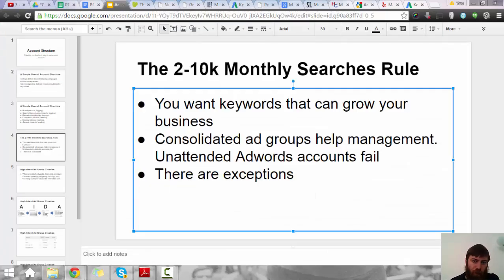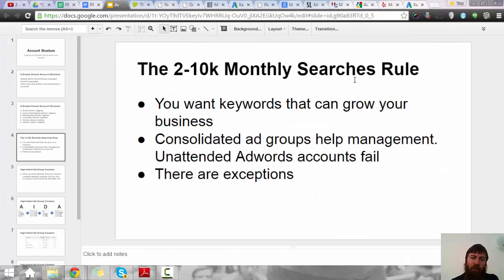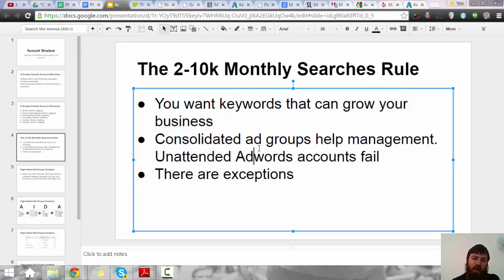So you'll see I have this 2 to 10K monthly searches rule. I say you want to have keywords that can grow your business, and consolidated ad groups help management. I already said unattended AdWords accounts fail. Now there are massive exceptions. What this applies to is the generic campaign.